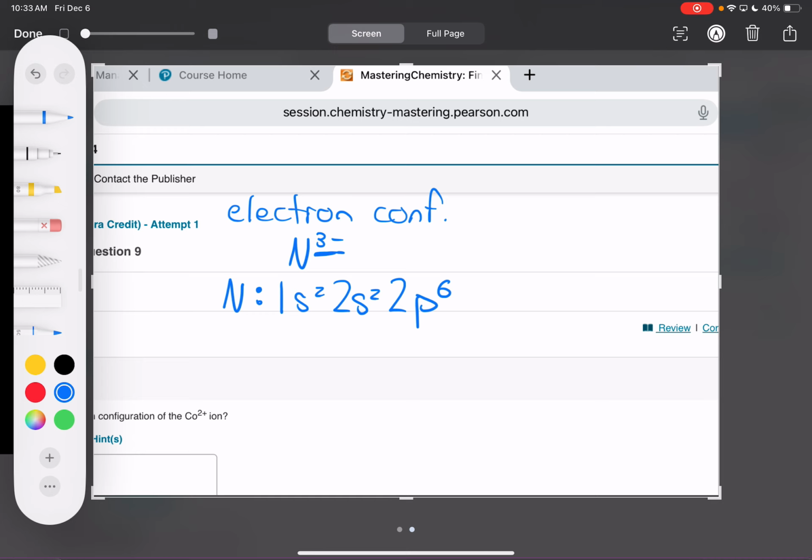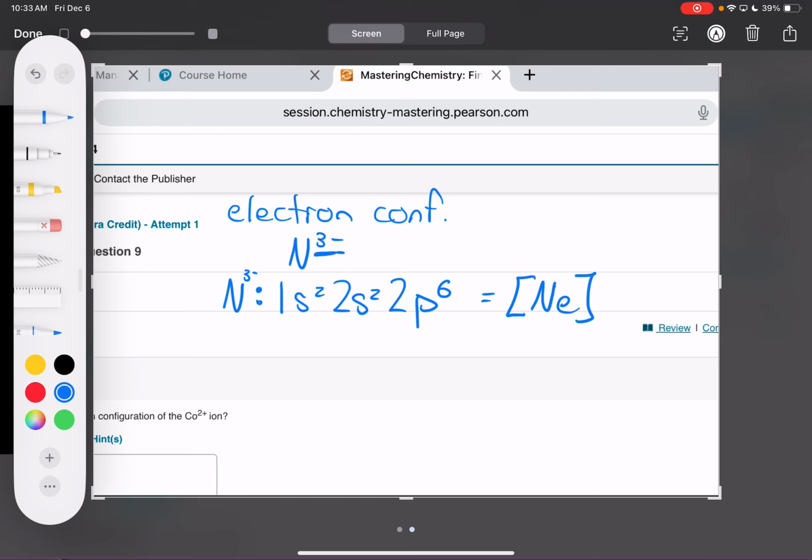And the main group elements, they always lose or gain in order to become isoelectronic with a noble gas. Like this is now the same, so this is 3 minus. This is now the same as neon. Okay?